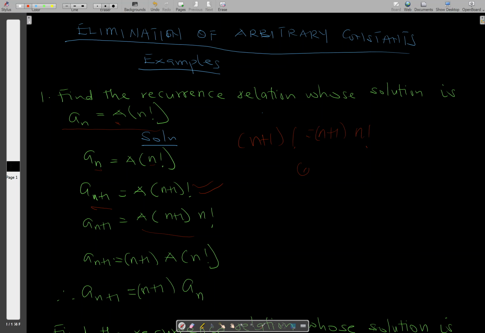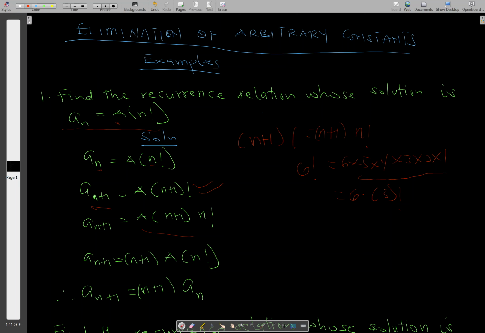For example, 6 factorial is the same as 6 times 5 times 4 times 3 times 2 times 1. But 5 times 4 times 3 times 2 times 1 is the same as what? 5 factorial. So this is just like 6 times 5 factorial. So when you have (n+1) factorial, it's just like (n+1) times n factorial.